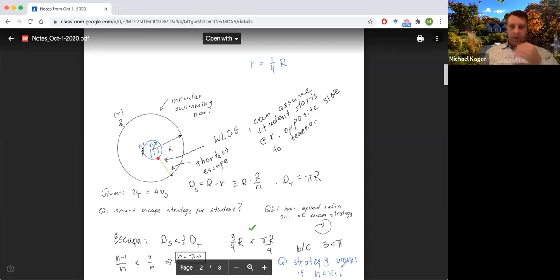But what happens if the n is larger than that? So if n is larger, that means this strategy doesn't work, but does that mean there is no other strategy? And the answer is yes, there is some other strategy, which is even smarter than this one.